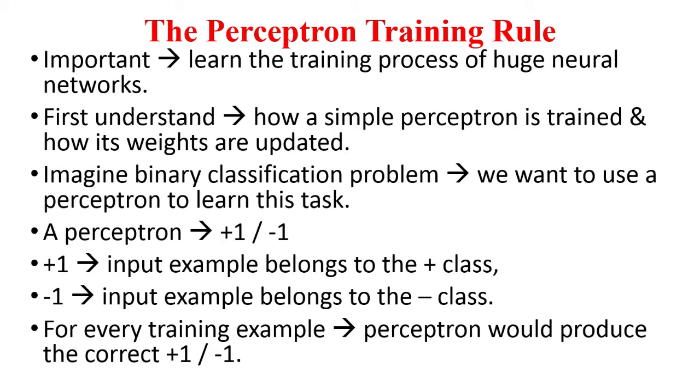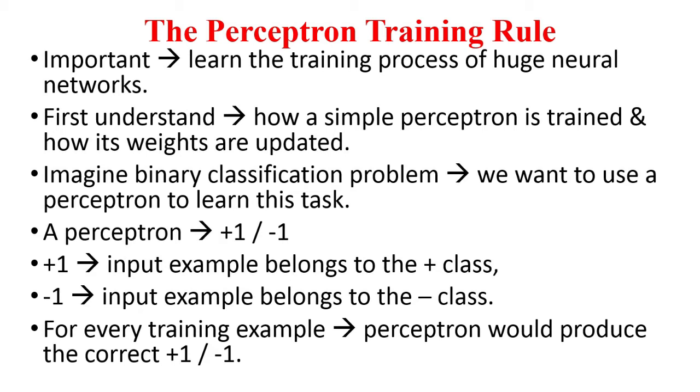Imagine we have a binary classification problem at hand and we want to use a perceptron to learn this task. A perceptron can produce two values, either +1 or -1, where +1 means that the input example belongs to the positive class and -1 means the input example belongs to the negative class.